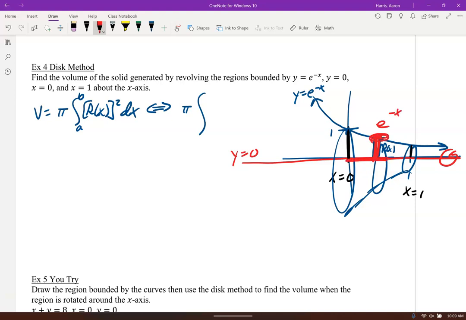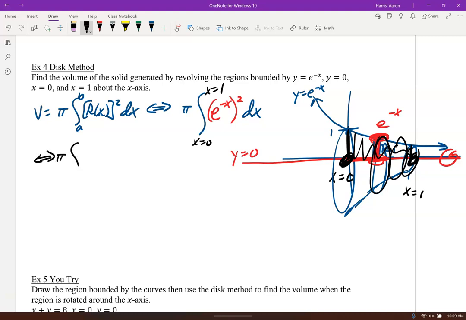It's the difference from here to here, right? So it's just that e to the negative x being squared. And then we're going from x being 0 to x being 1, right? We're adding all these up, right? Of course, it's all those cylinders being added up, x being 0 to x being 1.